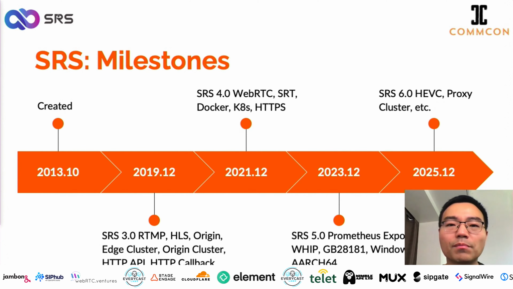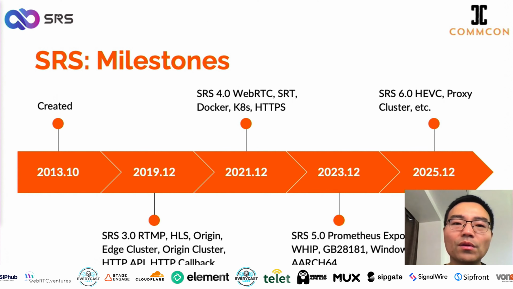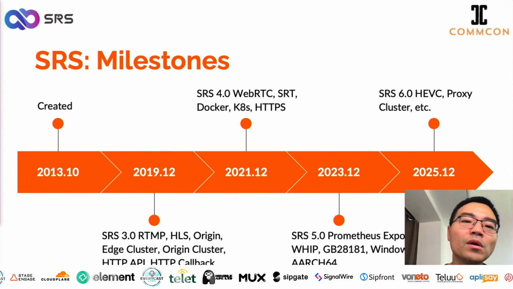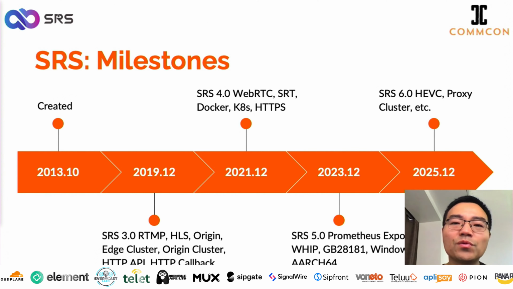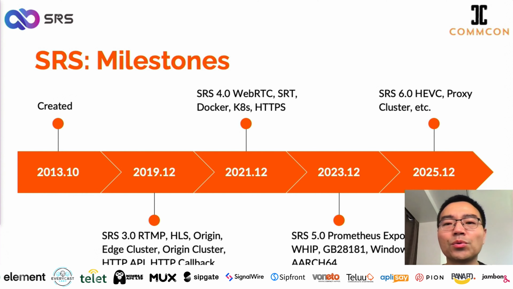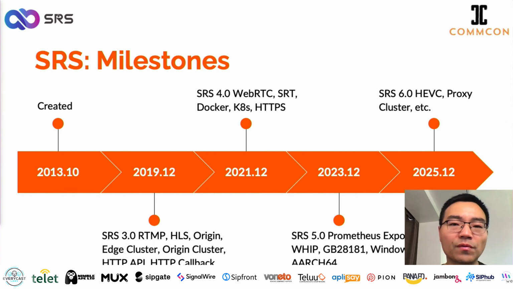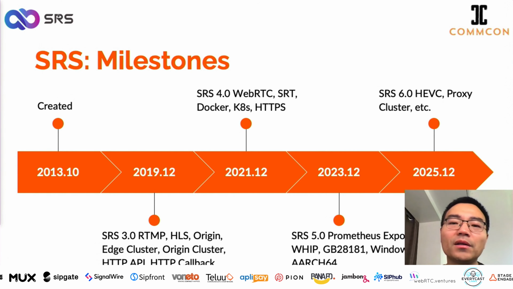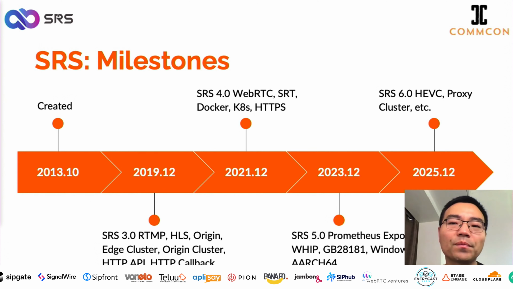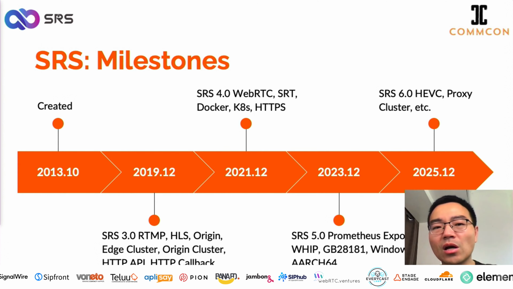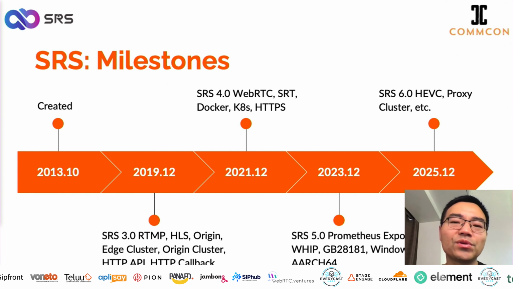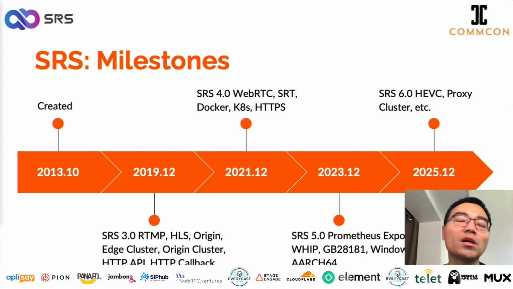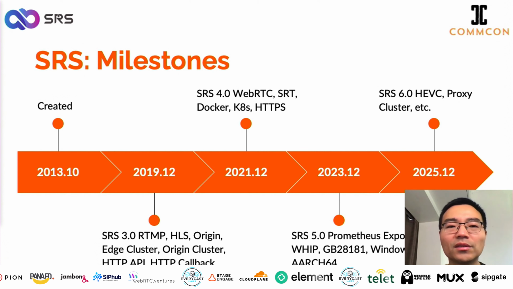Let me introduce the SRS milestones. In 2013, about 10 years ago, we released SRS version 1, which includes support for origin and edge servers, HTTP API, and Trace ID based logging. This feature allows you to easily search and find logs for a specific session using a Trace ID.